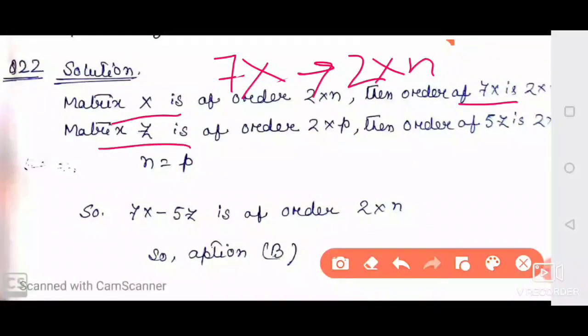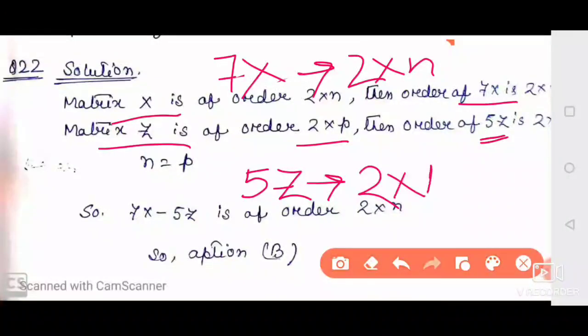Matrix Z is of order 2 by p, and if we multiply Z by 5, then the order of matrix 5Z will be same as the order of matrix Z, and the order will be 2 by p.